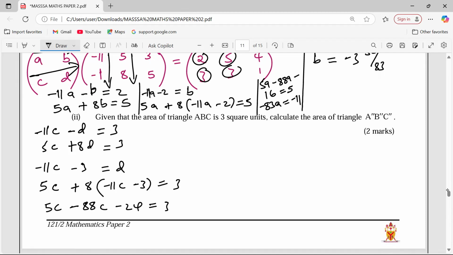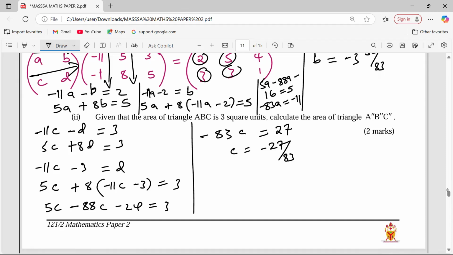Now we group terms, negative 88 and 5. This will give us negative 83C, equal to 27, because we have 3 plus 24. For us to remain with C, we take 27 over negative 83, and this gives us negative 27 over 83.